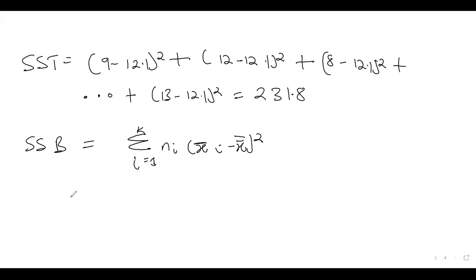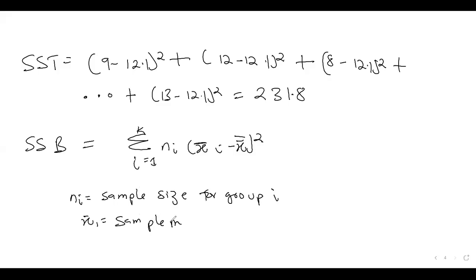Now, in this formula, ni is the sample size for group i. Xi is the sample mean for group i. So all that the formula is saying is to pick the sample size of a certain group into brackets, the mean of that group, minus the grand mean squared, then you sum everything.